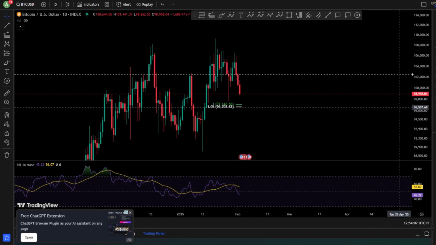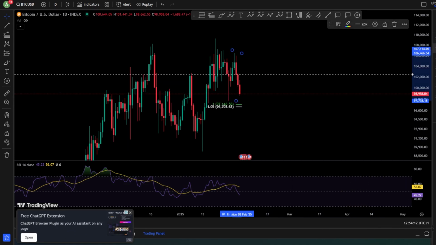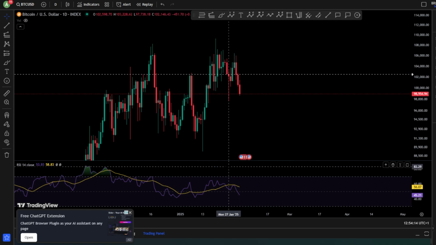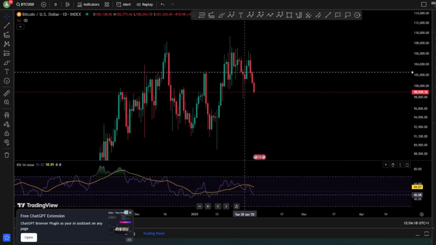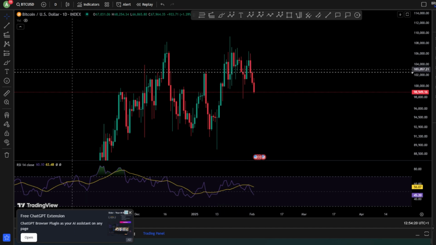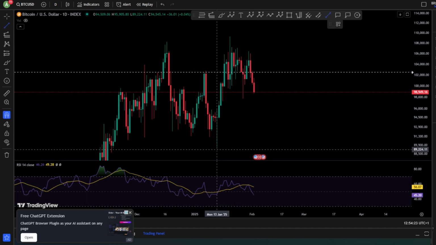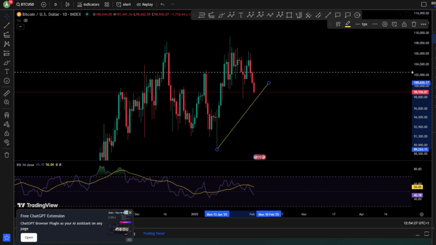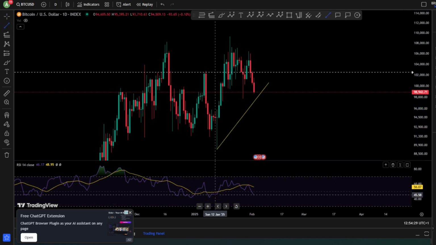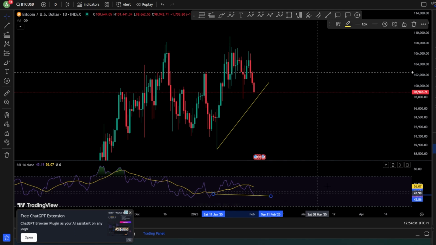Let me remove the things here and also this one. So on the daily chart, we want to see something bullish, and here we go. If we take this one at the bottom here, this is going to be like that, and this is going to be a big divergence.